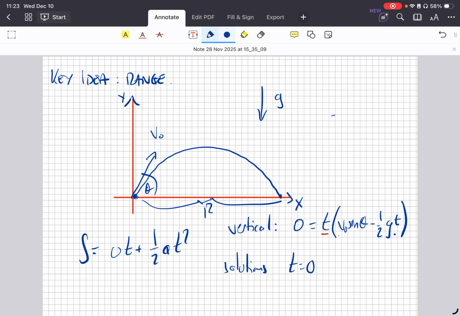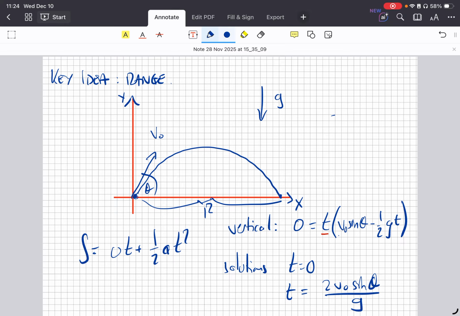The other possible solution is that this factor is equal to zero, which happens when t is equal to 2 v naught sine theta over g. That is the second solution, which is basically the time that it takes for the particle to complete its motion and land.